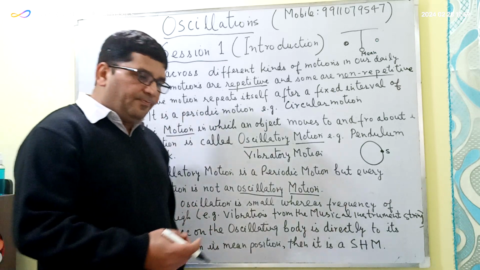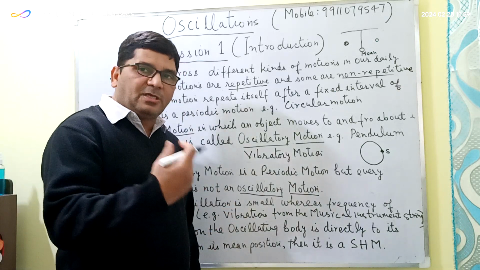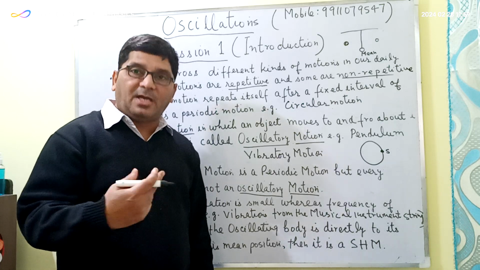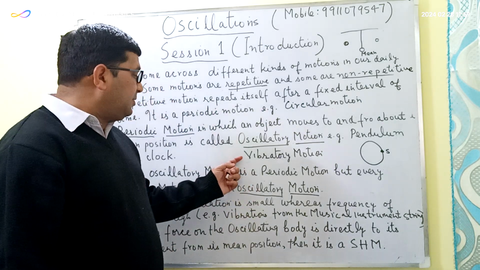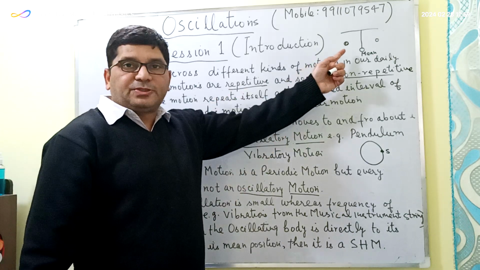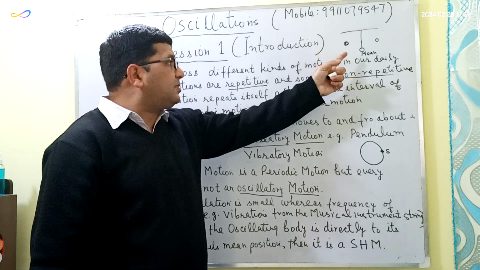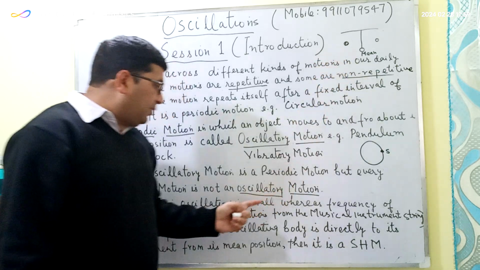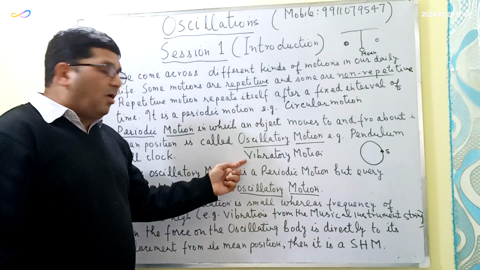So in the guitar, the vibrations which are coming out from the string of this musical instrument are high in comparison to the frequency of oscillation of this pendulum wall clock.